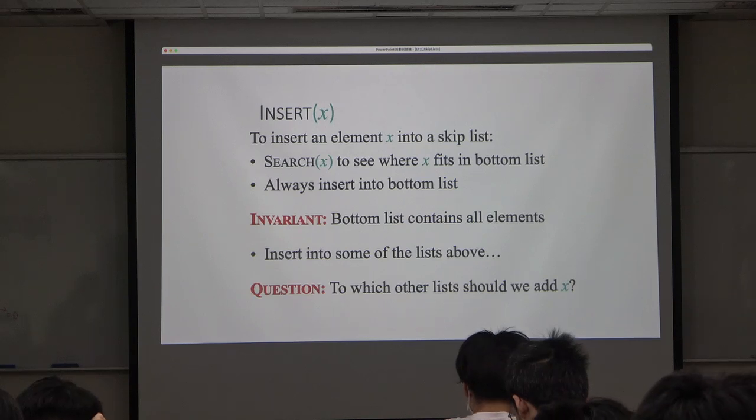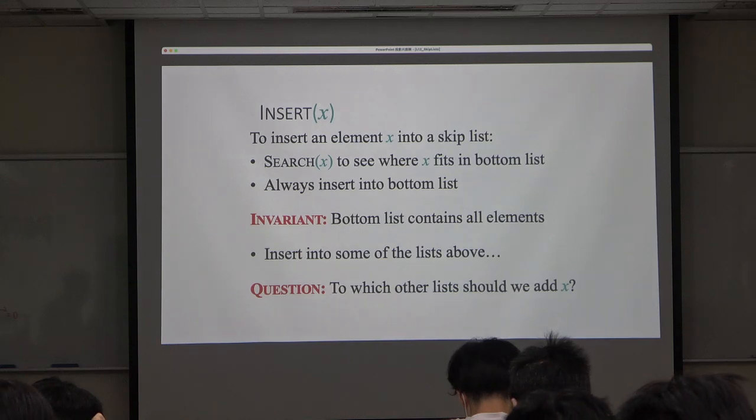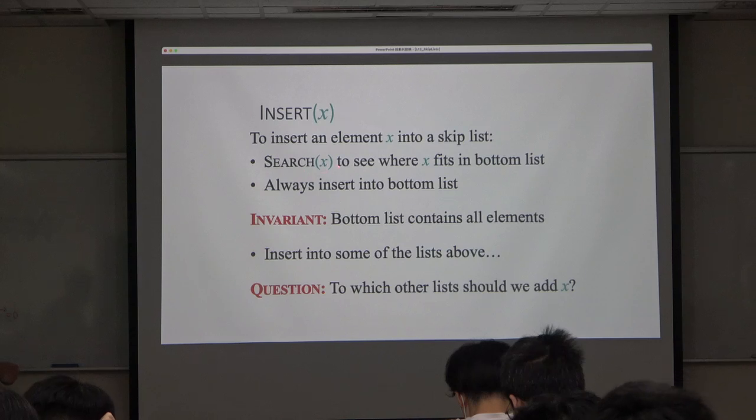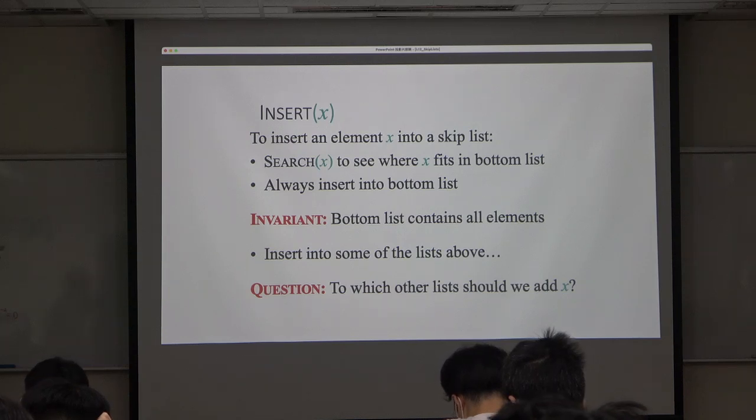To insert element X into a skip list, first you do a search for X until you find where X fits in the bottom list. Obviously you are going all the way down to the bottom, because X is not there.